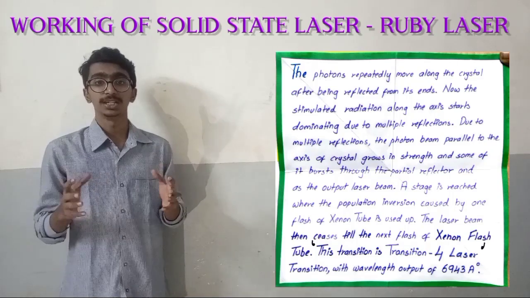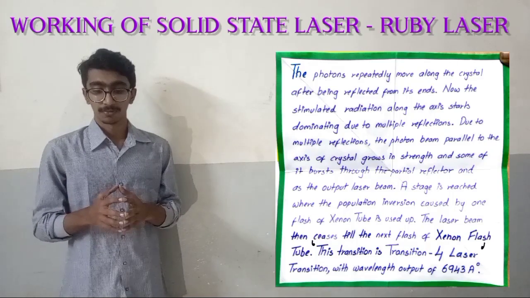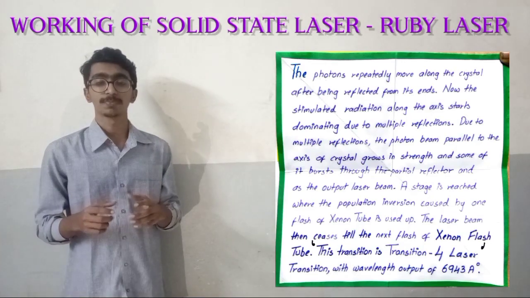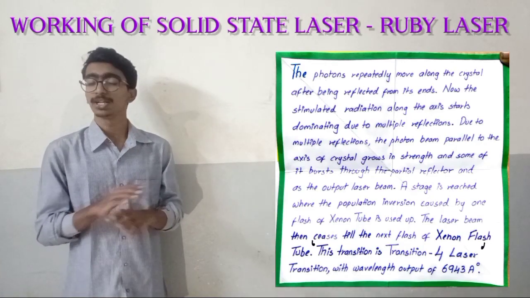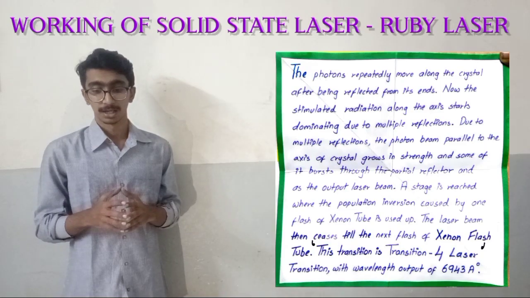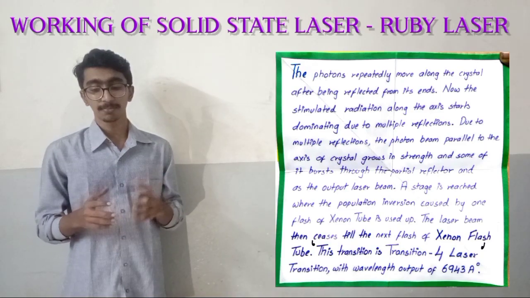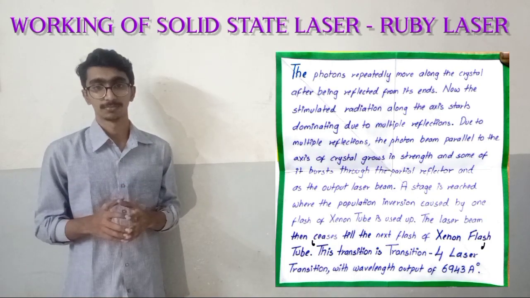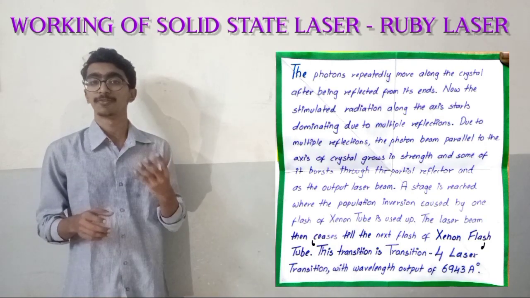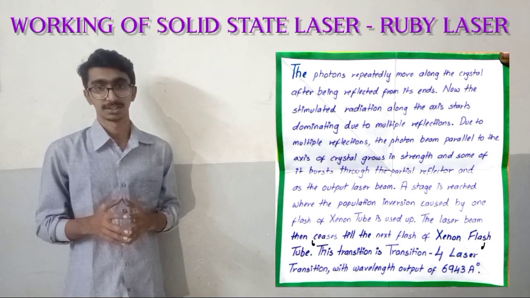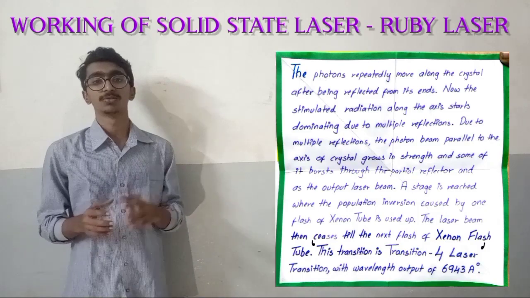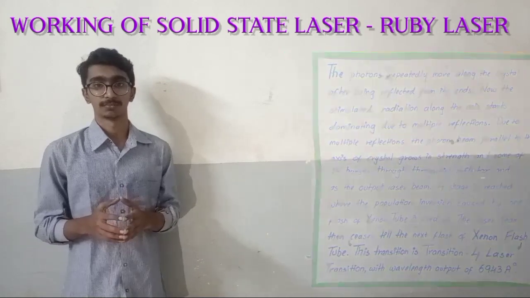A stage is reached where the population inversion caused by one flash of the xenon tube is used up. The laser beam then ceases till the next flash of the xenon flash tube. This is transition number 4, laser transition, and the output wavelength is about 6943 angstrom.